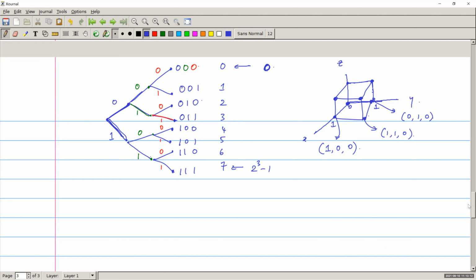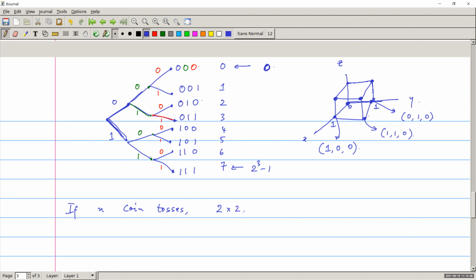If you did 4 coin tosses instead of 3, how many outcomes? 16. Very good. So if you did n coin tosses, how many outcomes? The first coin toss gives you 2 outcomes.